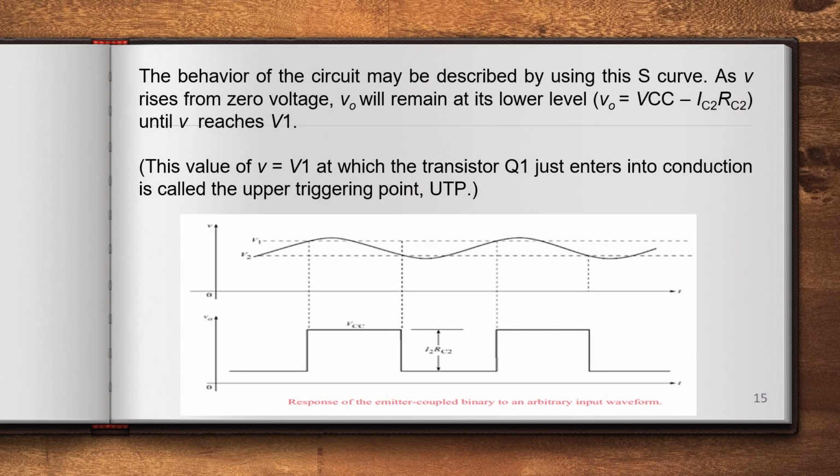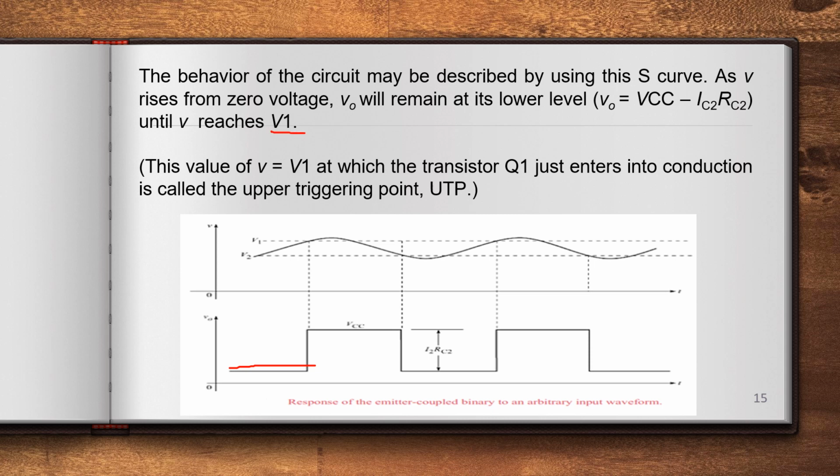The behavior of the circuit may be described by using this S curve. As V rises from 0 voltage, V0 will remain at its lower level, which is equivalent to VCC minus IC2 RC2, until V reaches capital V1.